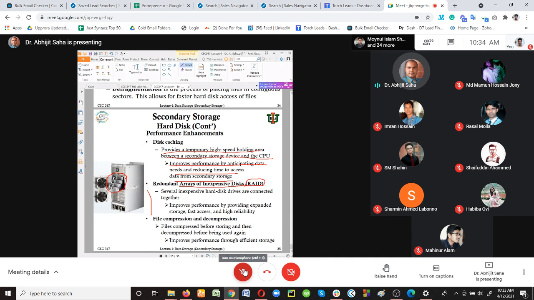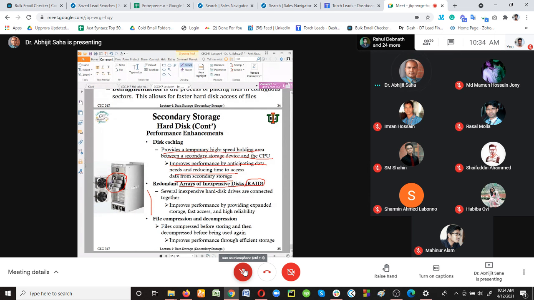It also keeps backup information. If a hard disk is in trouble, then you can get the backup information from another.